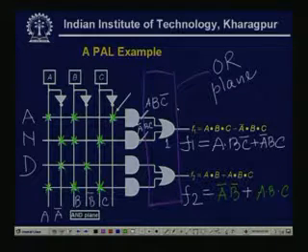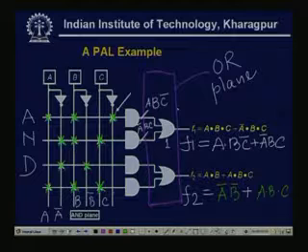If the number of minterms in the function f is more than 2, then it is not possible to realize it with this PAL structure.